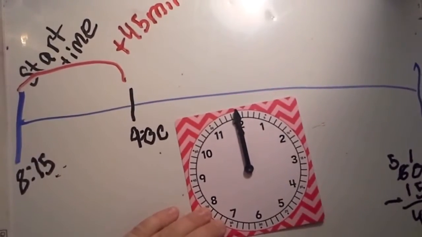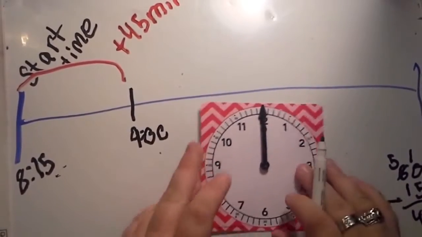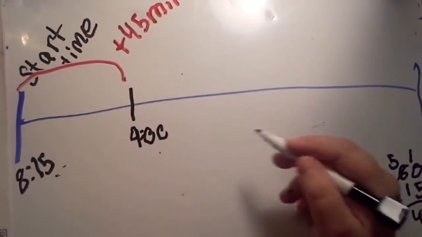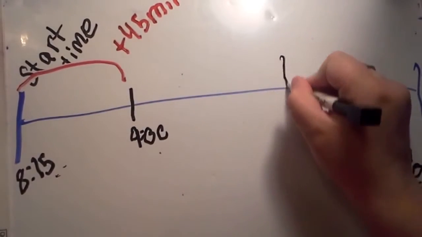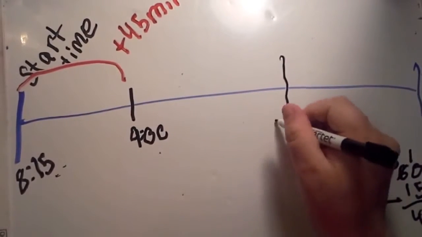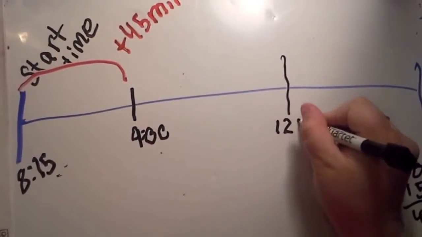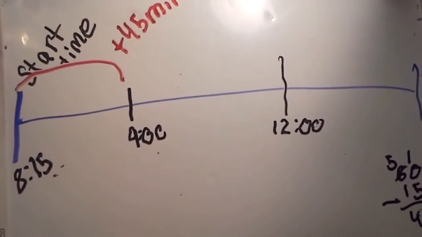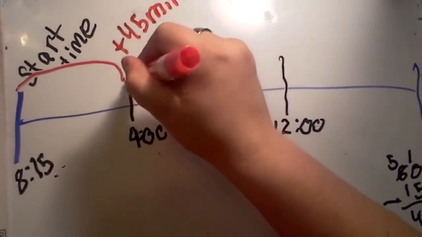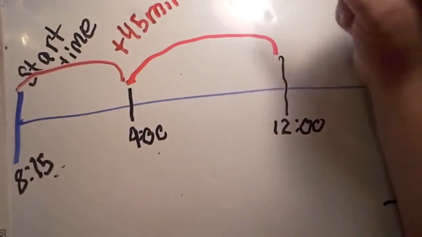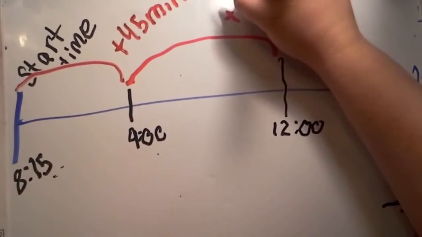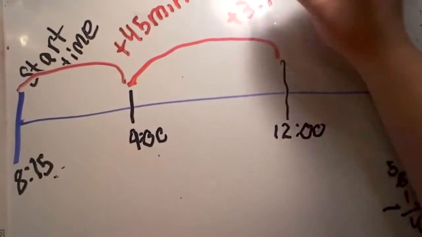This means that I would add 3 hours. The way I show that is the same as 45, but I'll make another mark here. And this would be 12 o'clock because that's our end time. And then I would add another hop, and I would label this plus 3 hours.